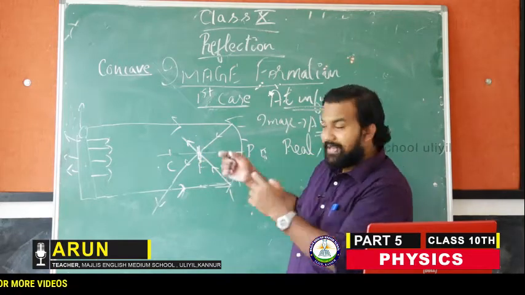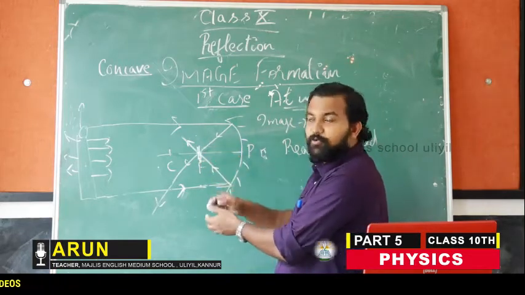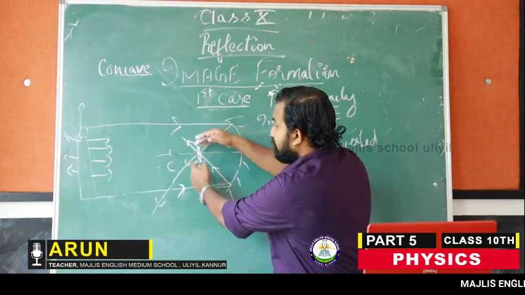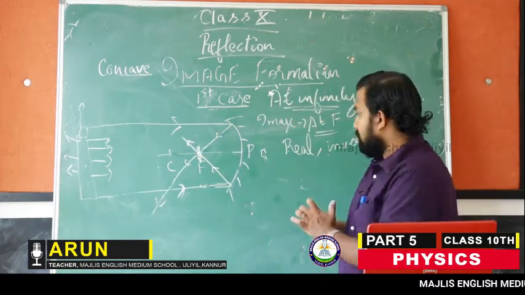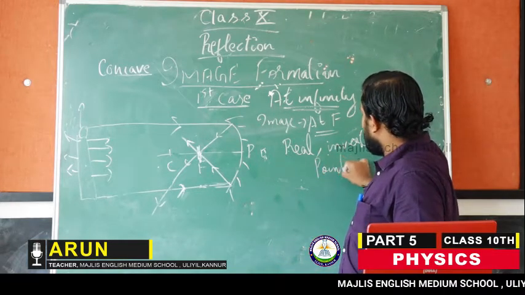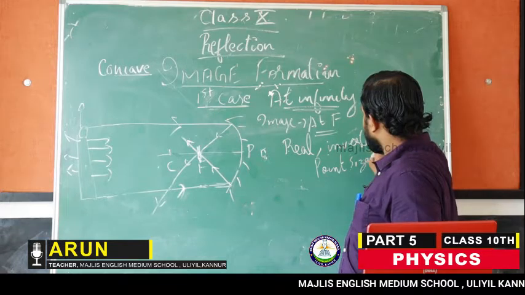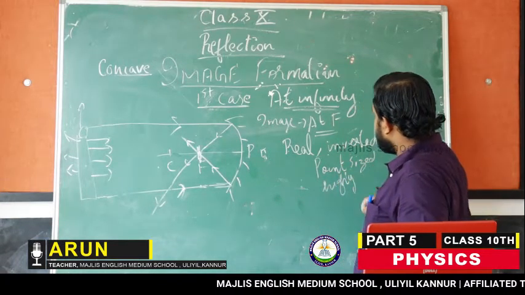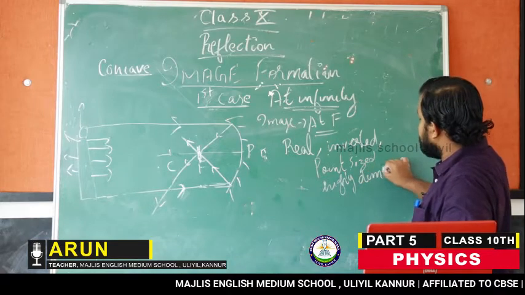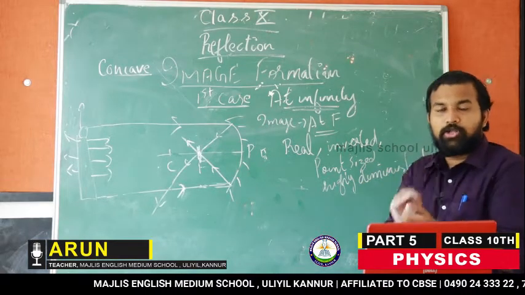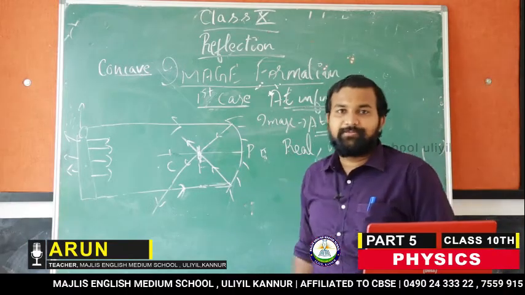In order to measure the size of the image, we have to take a scale and measure it from the principal axis. Clear? So it is an inverted, point sized image, or highly diminished image. Diminished means smaller. So, a highly diminished image is formed.